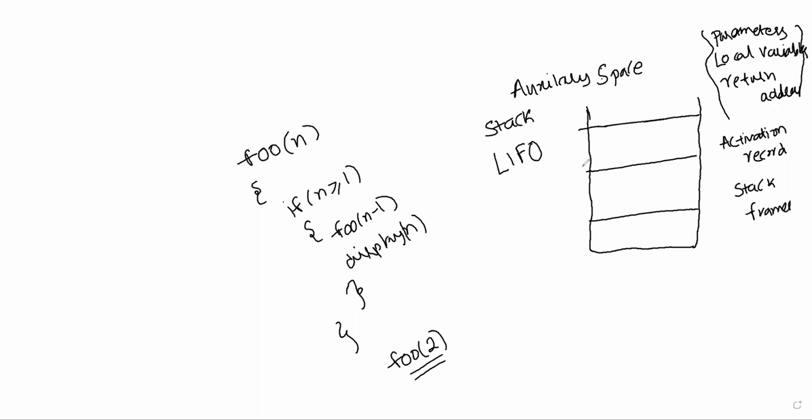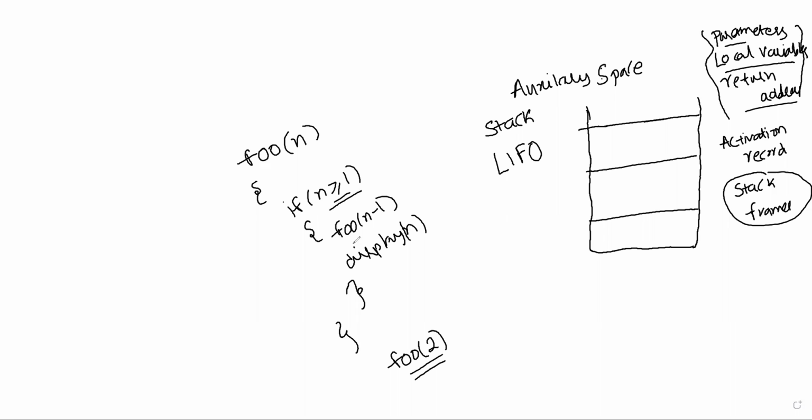Let's see what happens here. This is called a stack frame. A stack frame is a combination of parameters, local variables, and the return address. Last in, first out. This creates a stack and puts this here. First it checks if n is greater than 1.